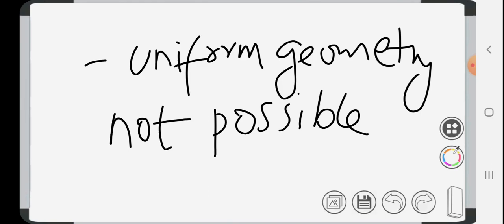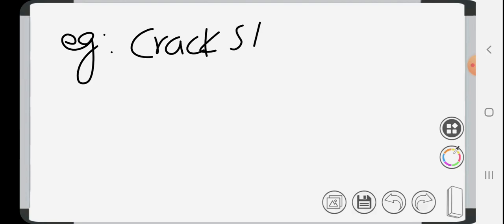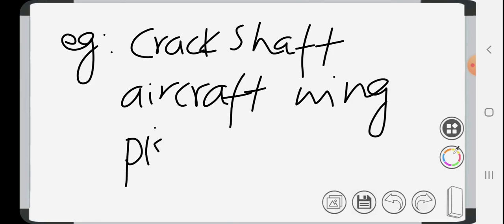So we don't consider dynamic loading in this subject. We are more interested in static loading only. So for example, I'm writing here: crankshaft, aircraft wing, and a piston in an engine cylinder.